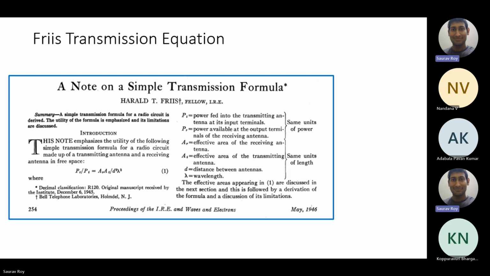I would tell you to look into this paper. Even the paper heading is called "A Note on a Simple Transmission Formula." It is that simple, only a 2-page paper, but it was groundbreaking for those days. Even now, everywhere the same formula is used. So please look into this paper. You will find how insightful it is.